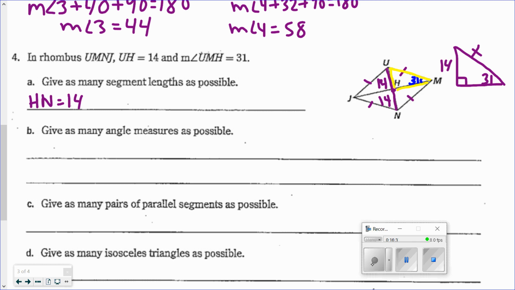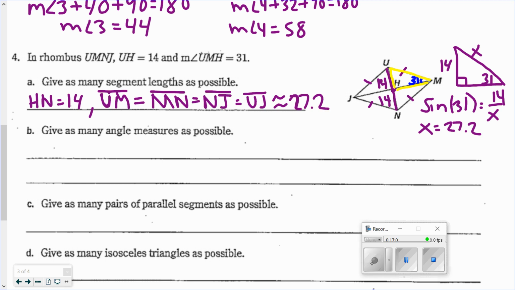So to solve for x, I'm going to use sine. So I know that the sine of 31 is equal to 14 over x. If we do our math, we end up getting that x is equal to approximately 27.2.